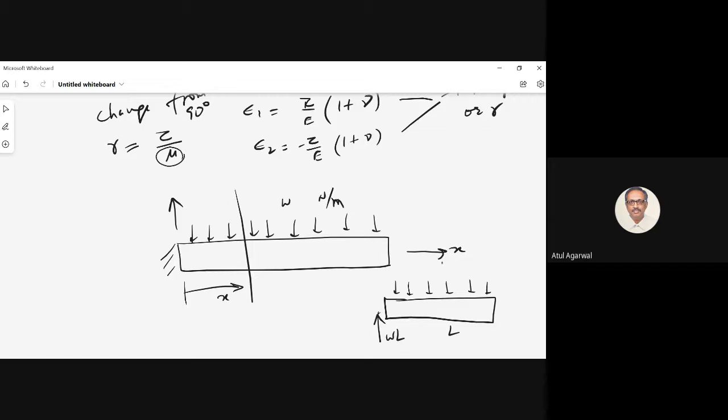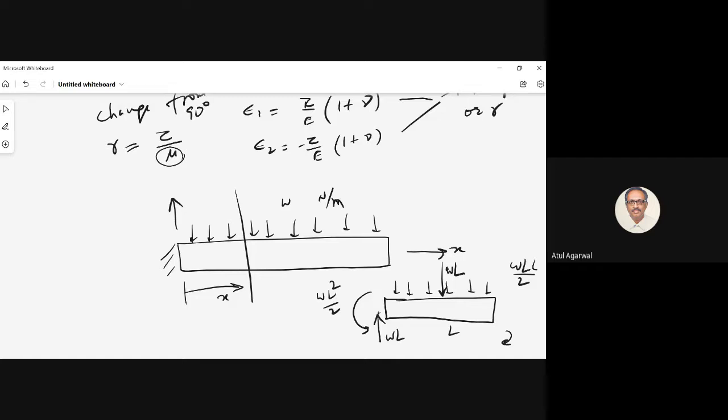The total force here is W into L. Since it is uniformly distributed, you can assume that it is acting at the centroid of this body. So what is the moment caused by this force? This couple is WL into L by 2. This is a clockwise moment, so there has to be a counterclockwise moment exerted by the support, WL square by 2. So this is your free body diagram of the entire cantilever.